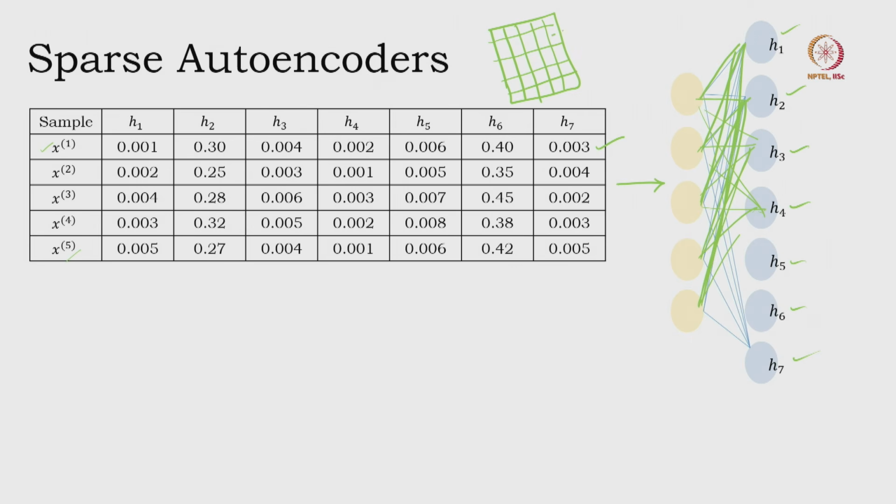Then you will take the second sample. When you pass the second sample, you will get values in all these places. So on and so forth, all the training samples you have passed and you have obtained values. If there are 5 such samples, do you agree you will have 5 such values here?